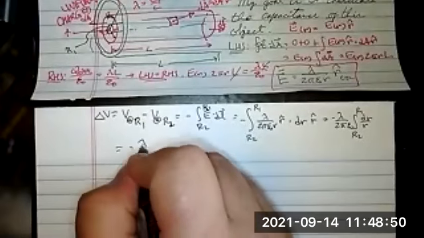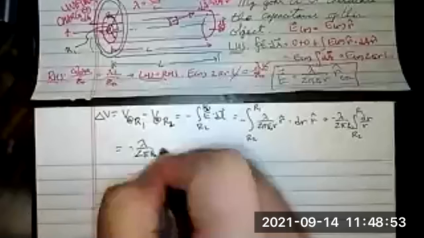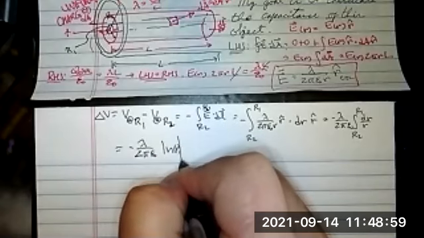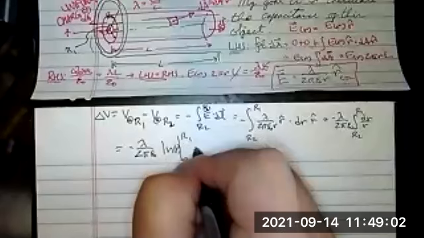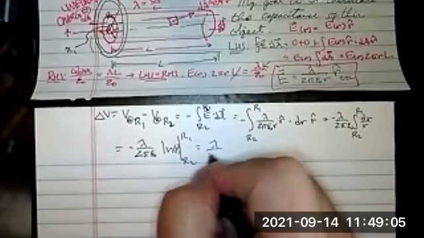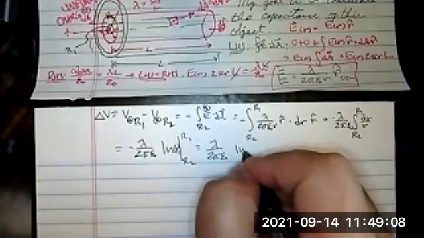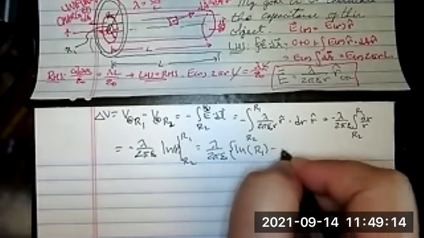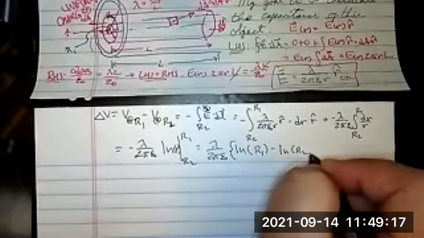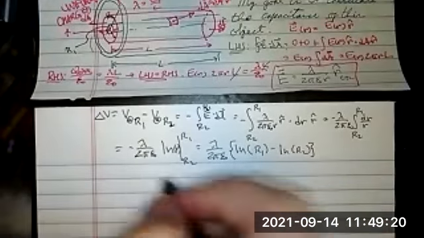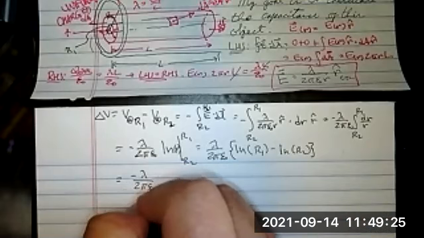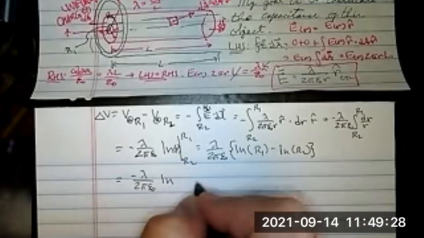So I'm going to say negative lambda over 2 pi epsilon naught times the natural log of r, and we're going to evaluate that from R2 to R1, which is going to be equal to lambda over 2 pi epsilon naught times the natural log of R1 minus the natural log of R2, which, if you remember your rules about logarithms, can be made into negative lambda over 2 pi epsilon naught times the natural log of R1 over R2.